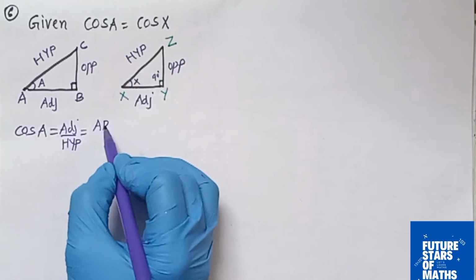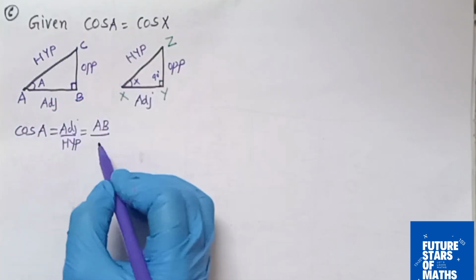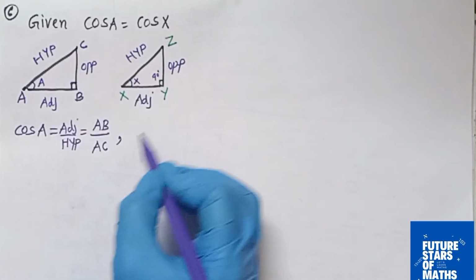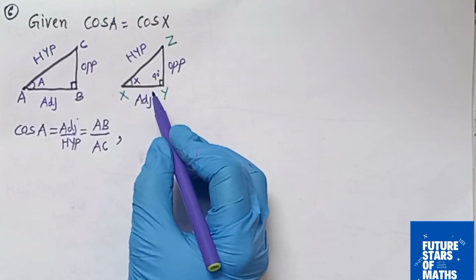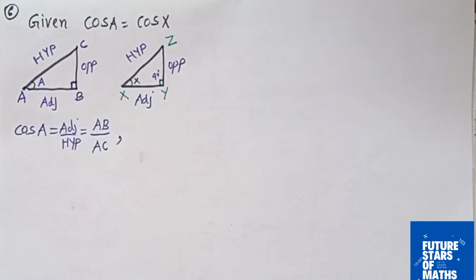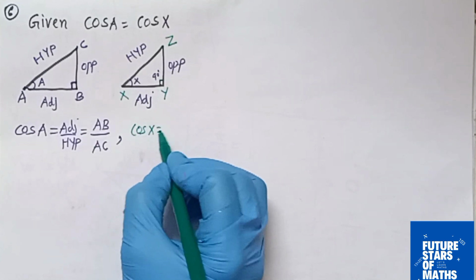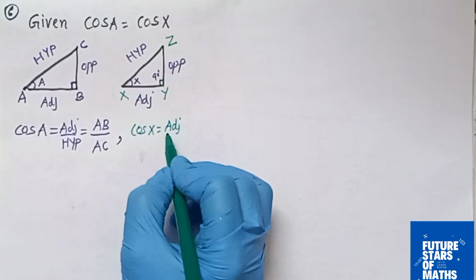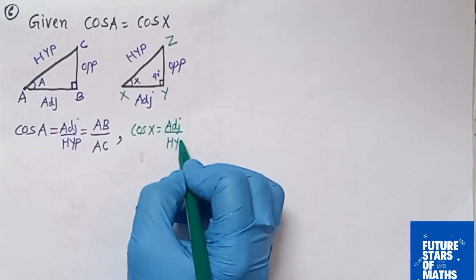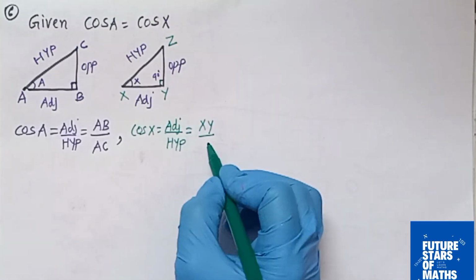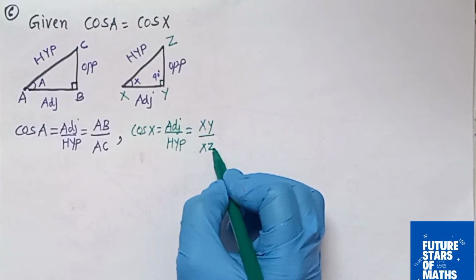AB by what is the hypotenuse? AC. Similarly, from this triangle we can write what is cos X. What will be cos X? Same thing, the adjacent side by the hypotenuse side. So it is equal to XY by XZ.